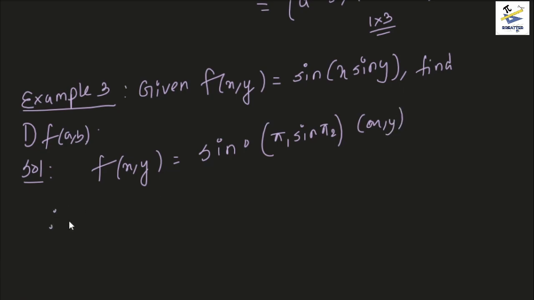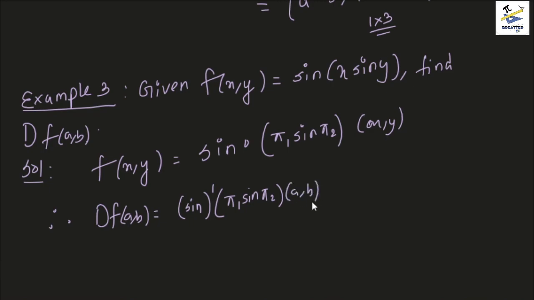So therefore the derivative df at (a, b) is basically sine's derivative at the point pi 1 sine pi 2 at the point (a, b), and multiplied by pi 1 sine pi 2 derivative at the point (a, b), right?